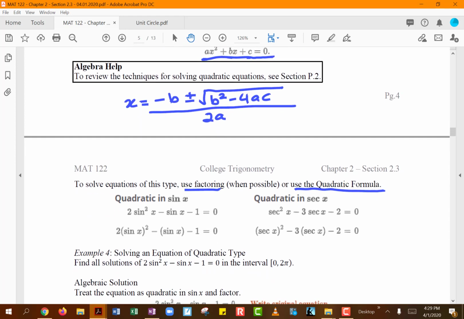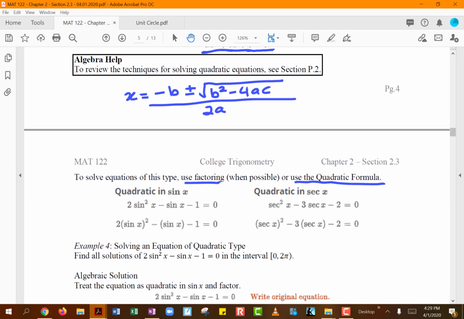Alright, so let's take a look at what these quadratic type of equations will end up looking like. Here you've got 2 sine squared of x minus sine of x minus 1 equals 0. If you think of your sine of x as being your x variable in a way, then you've basically got 2 times x squared minus x minus 1.